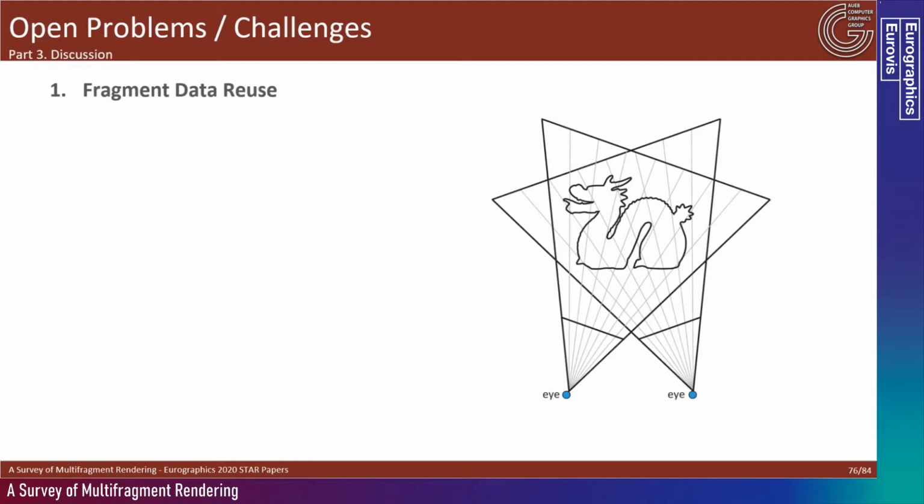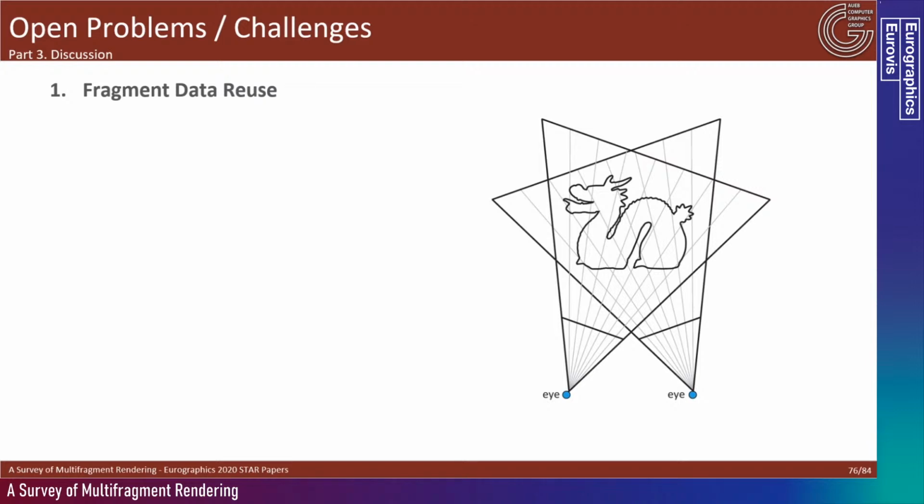First, while exploiting spatio-temporal coherence has been shown to greatly improve single-layer techniques, we have observed that similar methodologies have not really been applied to the MFR domain. Therefore, a very promising direction here would be to exploit reprojection and reuse fragment data from previous frames in order to achieve deep buffer construction at an even lower cost.